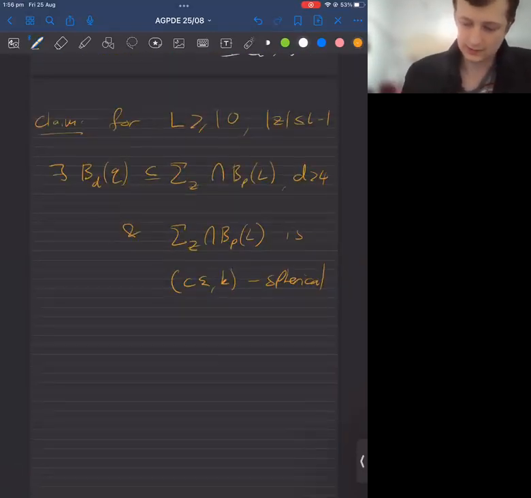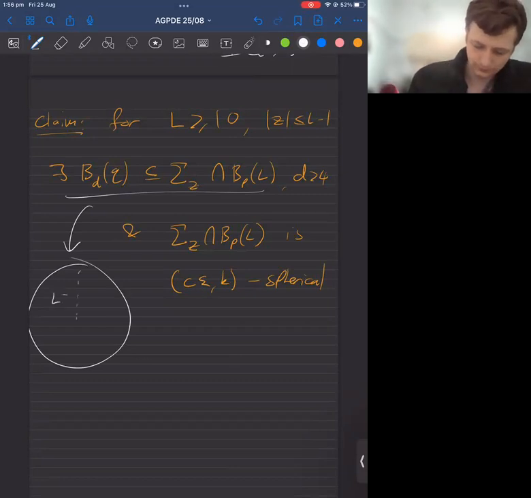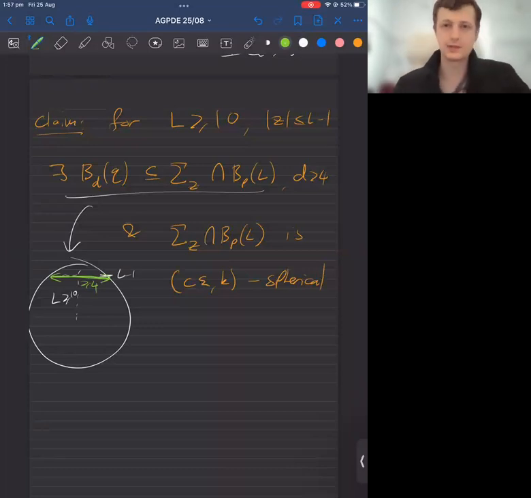So why is this true? Well, this just comes from the geometry of the situation, right? So I've got a ball of radius L. Okay, and then if L is bigger than 10 and I don't go past L minus 1 in height, then it turns out this will be bigger than or equal to 4. Okay, so I do indeed have a ball sitting in there.